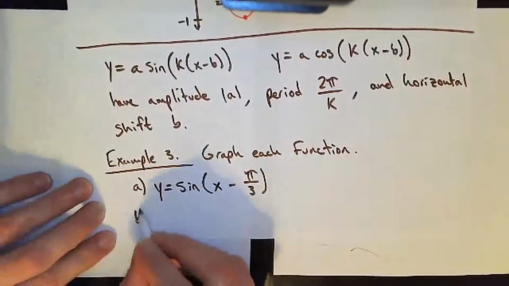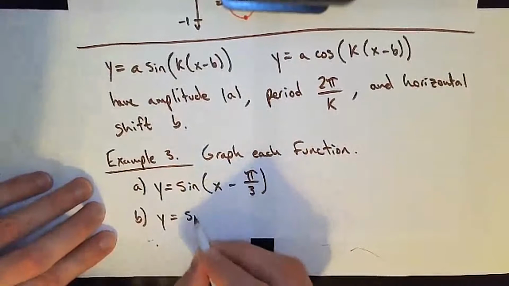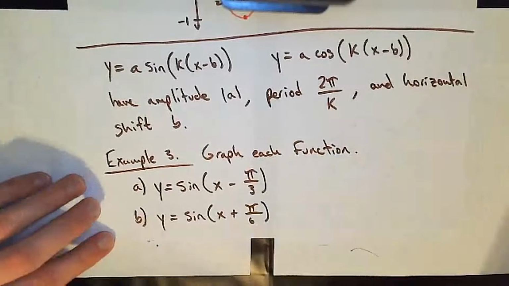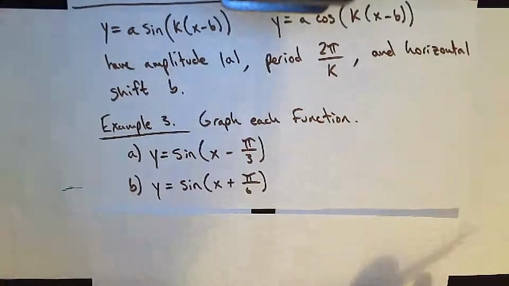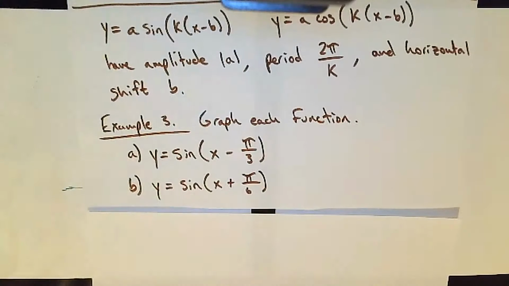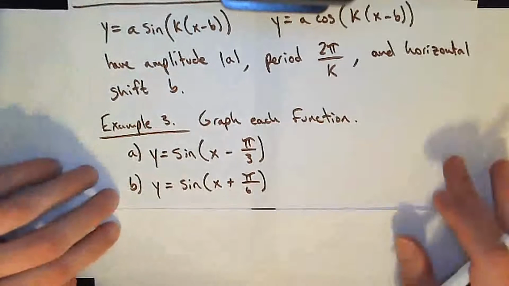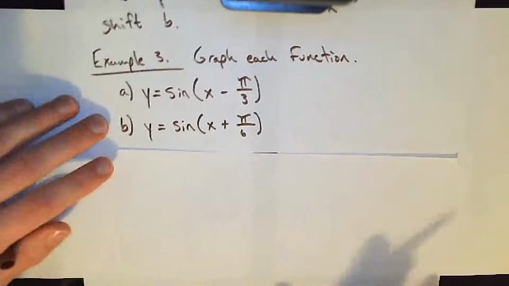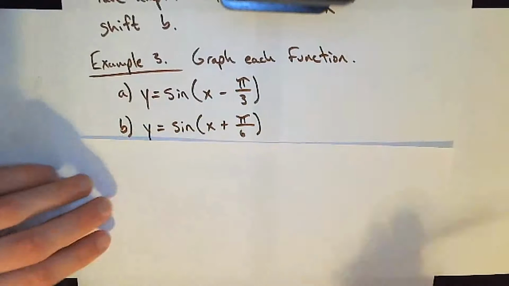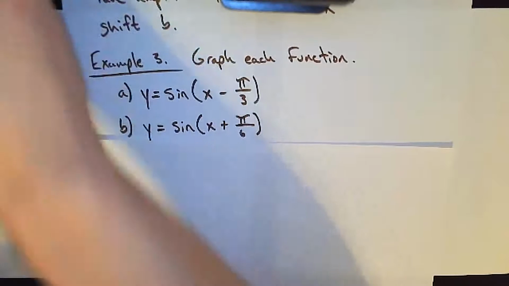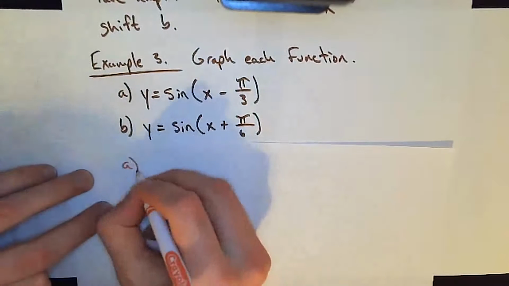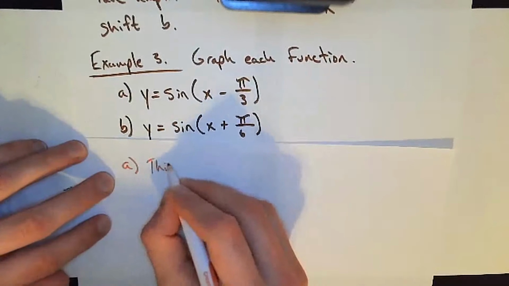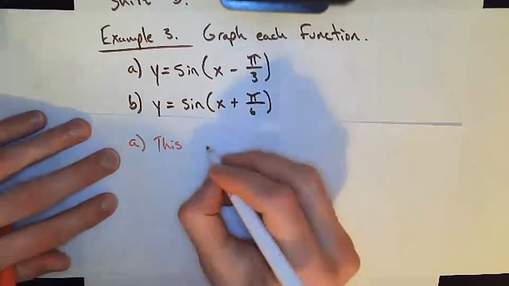Okay, and I'll go ahead and write B down as well. All right, so this is a sine function that has been shifted right by π/3, and this one is a sine function that's been shifted left by π/6. So for the solution for part A, I'm just going to say what I just said, but I'm going to write it down.